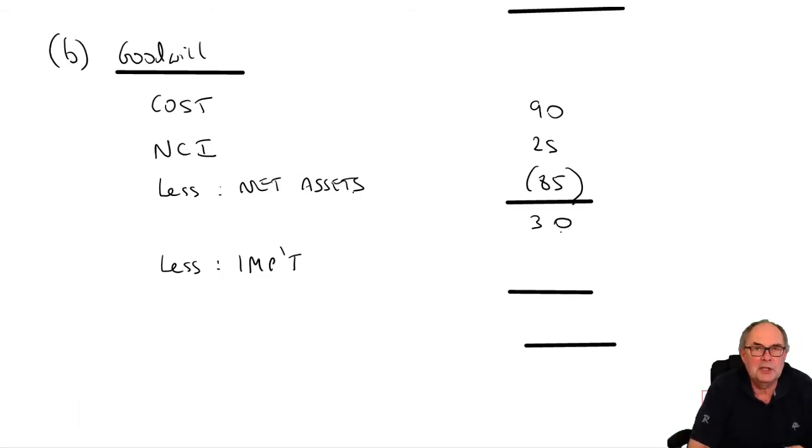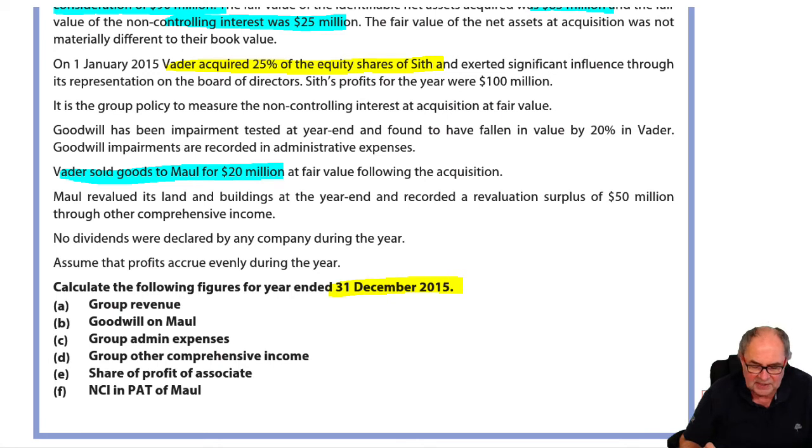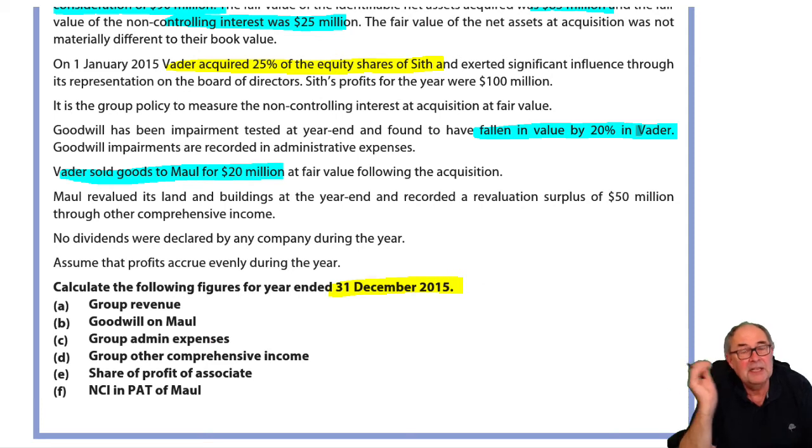Then we just need to hoover around and see if there's any impairment. Yes, there is. It's the first year, isn't it? And it says it's fallen in value by 20%. So there has been impairment of 20%. Again, that's not time apportioned or anything like that. Impairment is just something happens as an event.